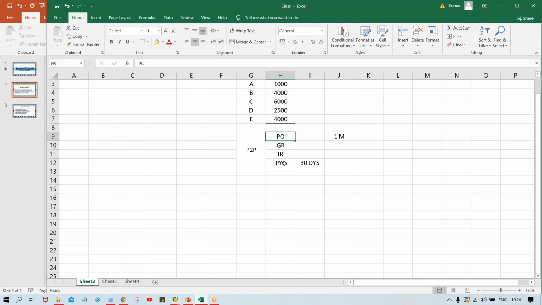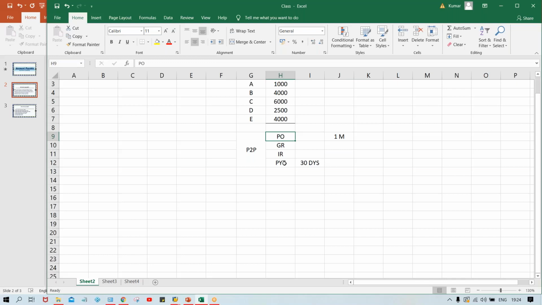For a particular plant, you will have multiple storage locations. So to which storage location is the raw material going to be supplied by the vendor? Multiple such details will be there in the purchase order that is raised, and based on that, the vendor is going to deliver the goods, right?